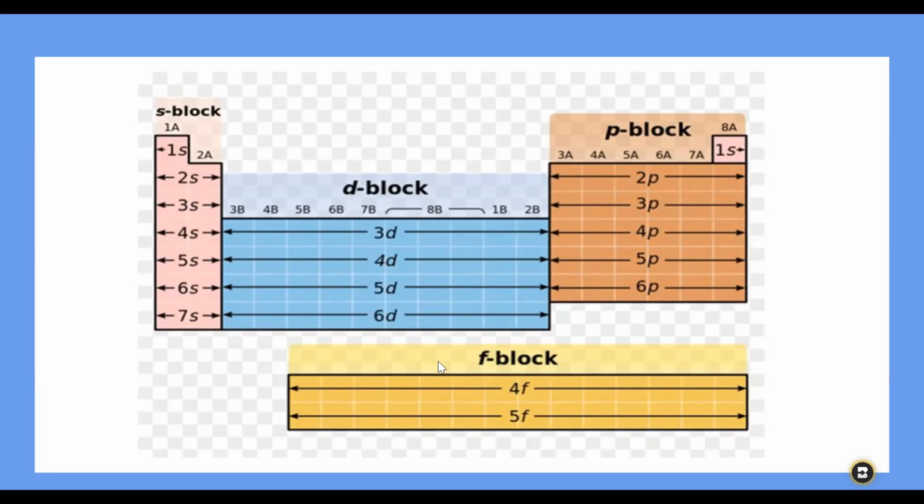Then this is called the F block. The F block can hold a maximum of 14, and it starts from 4f. And this is 1 through 14. So clearly you can see the relationship between this and the electron orbital diagram.